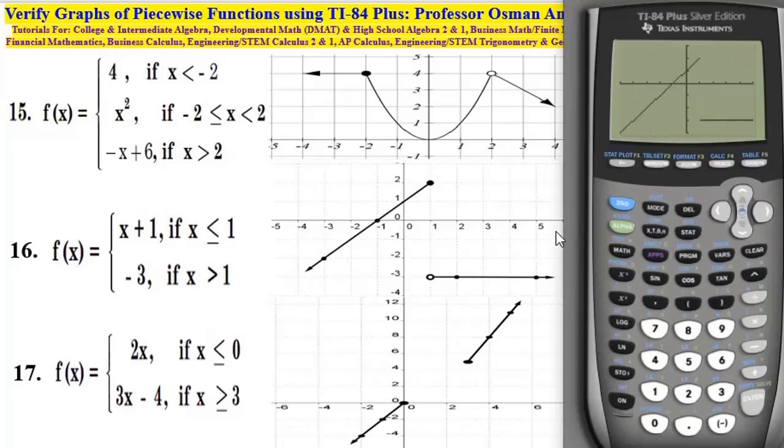Okay, then the next one is f of x is 2x if x is less or equal to 0. It is 3x minus 4 if x is greater or equal to 3. So is the positive slope, is 2x, and this is valid if x is less or equal to 0.